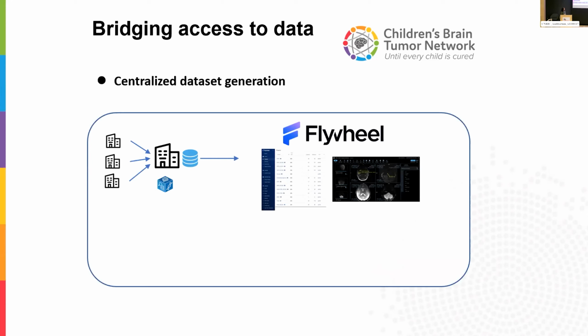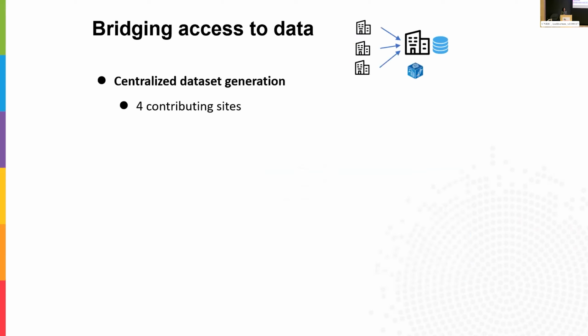And so that is an outward-facing platform. People can access it in a web browser. And I'll be talking a little bit more in detail about Flywheel later on. So to date, for the CBTN, we've had 4 sites that have contributed data.